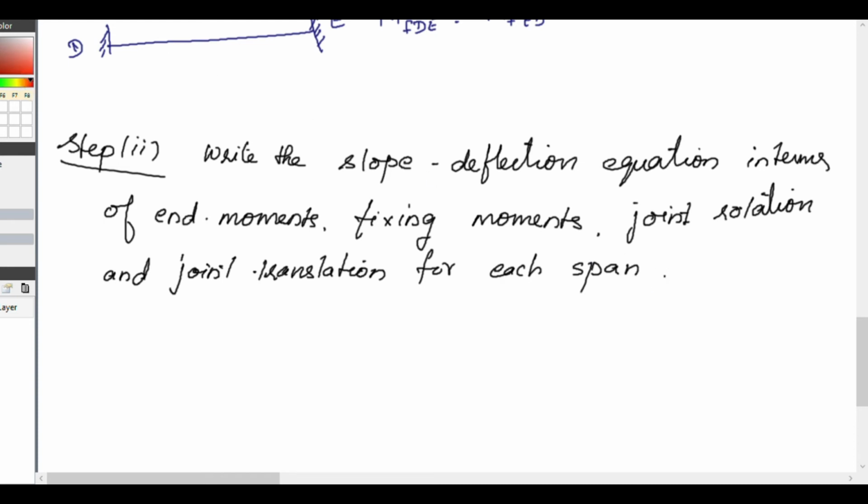Okay, so here we have to write the slope deflection equation.